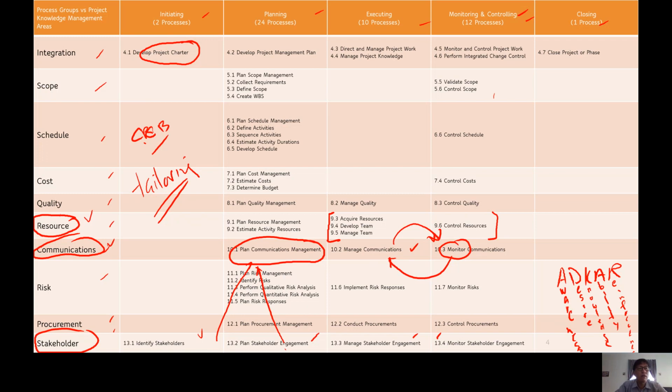Collecting requirements falls under scope management, basically the SOP for scope management. And then we define a narrative of the requirements. So what is this project supposed to be? The destination. What's the scope of it? What does it do? What are the KPIs and so forth? It's just a narrative.